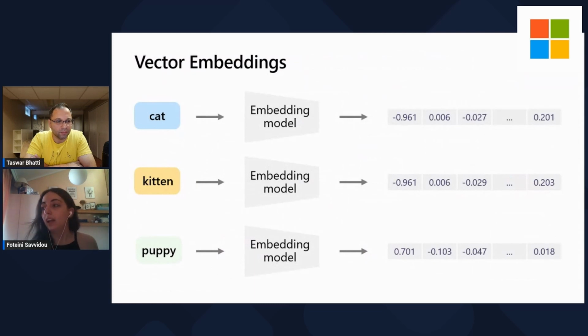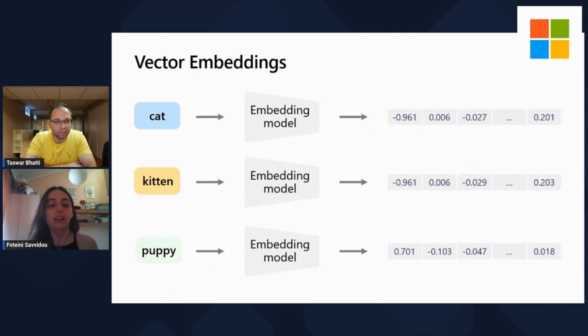And by converting our images into vectors, computers can easily understand the similarity between images. For example, here is an example of vector embeddings of text, but you can just think about the cat as an image of a cat.